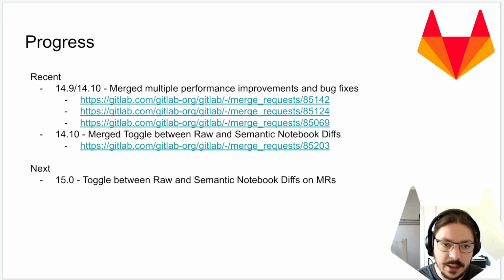We already merged for 14.10 the toggle between raw and semantic diffs. So that is done, and now I'm working on this toggle but for MRs. This requires a little bit more collaboration with the code review team, so it's a process that might take a little bit more time, but it's moving and it's going well.